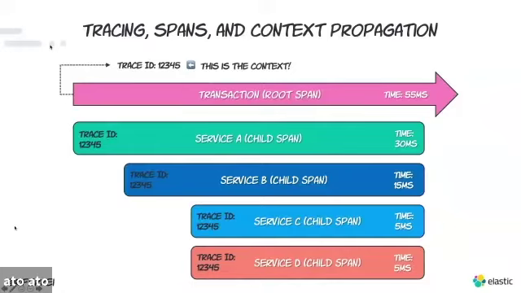Regardless, by the time your transaction starts, a trace ID is created, right? And the whole purpose of distributed tracing is to pick up this trace ID, which is unique for the transaction, a one-on-one relationship between trace IDs and transactions, and propagate it across your stack or your application or your architecture, right?